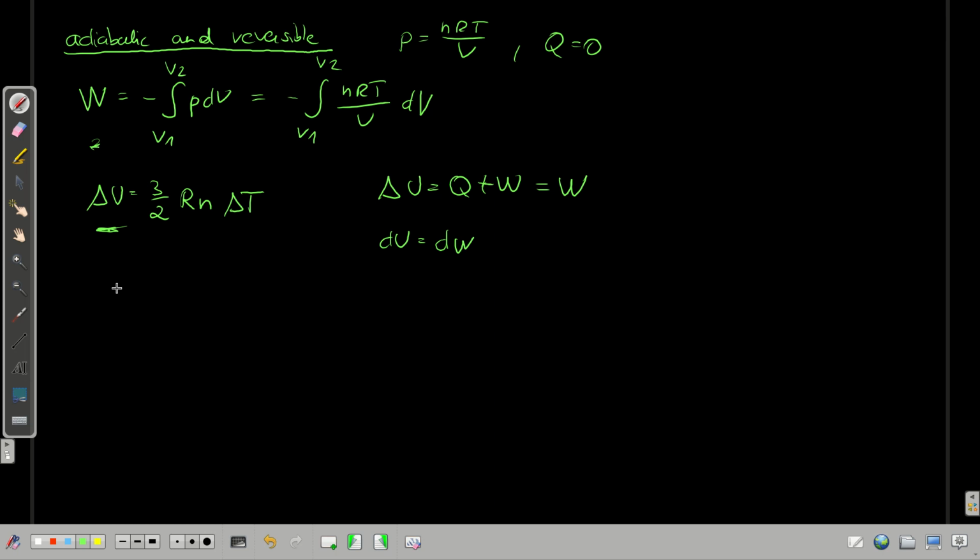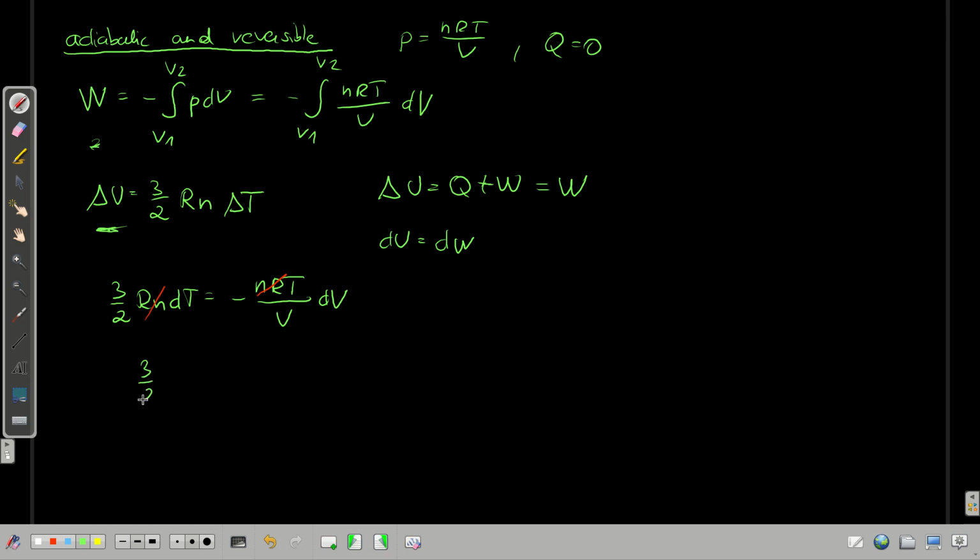dU equals 3/2 R n dT, and this equals minus nRT over V dV. So now there are some redundant terms like the ideal gas constant and amount of substance, and if we rearrange this, we end up with the following expression.